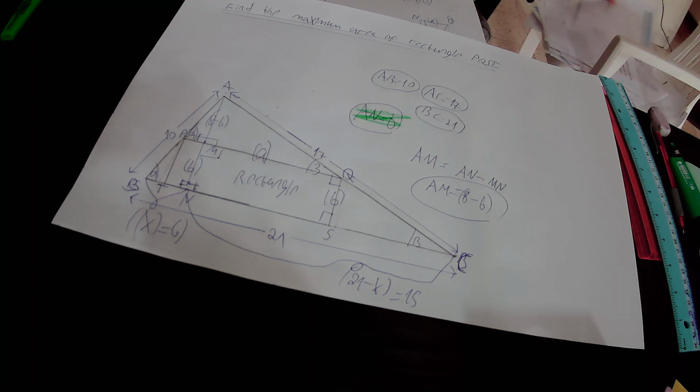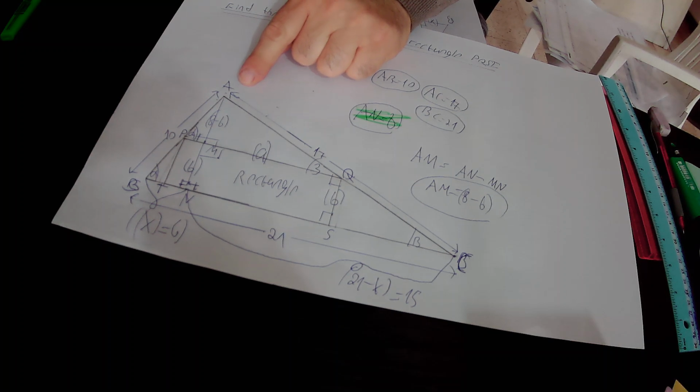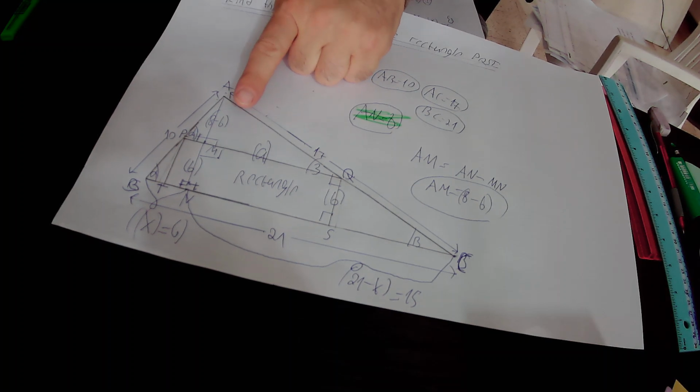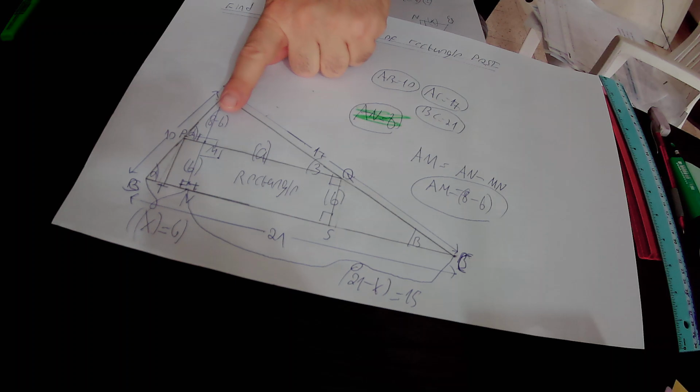Okay, so in the first step we did a construction. That is to say, from point A we drew a perpendicular to side PQ. So this angle equals 90 degrees, and this angle also equals 90 degrees according to our construction.